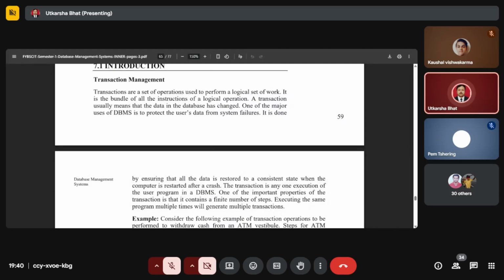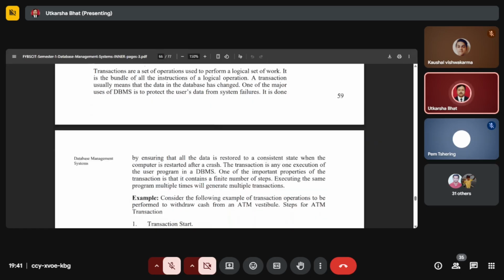A transaction is any one execution of a user program in a DBMS. One of the important properties of a transaction is that it contains a finite number of steps. Executing the same program multiple times will generate multiple transactions.